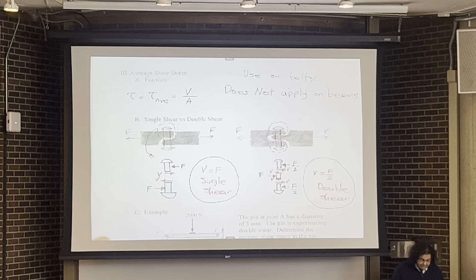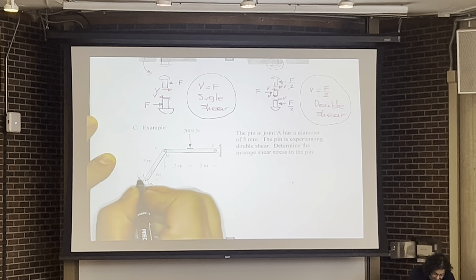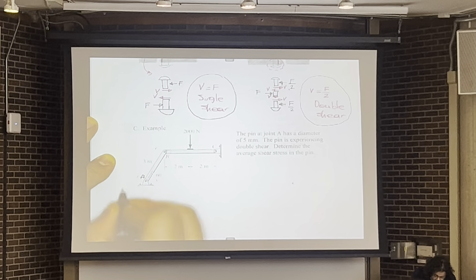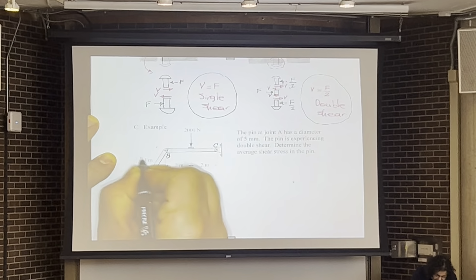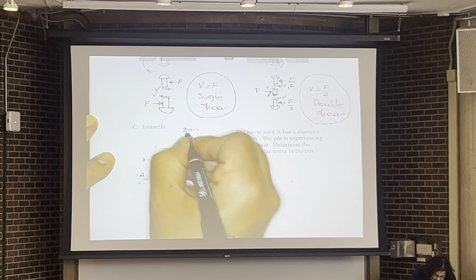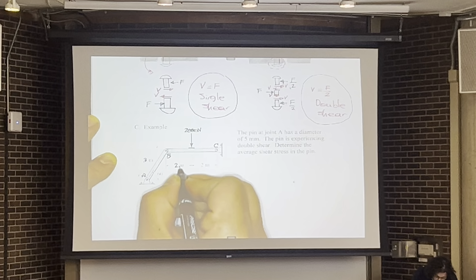What is the example? Same example that we saw in our previous page. Let me just make this more clear. This is point A, this is point C, this is point B. This is 3 meter, this is 2,000. Same exact example that we just solved.